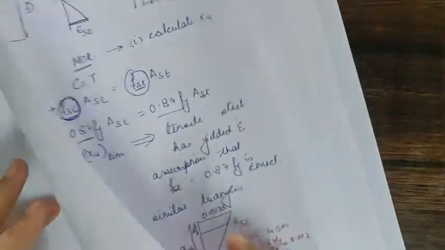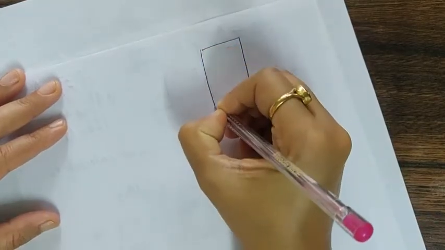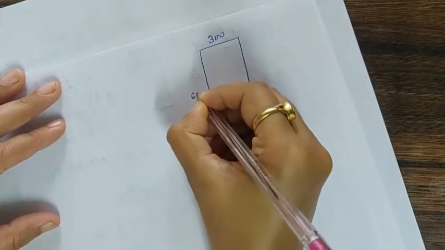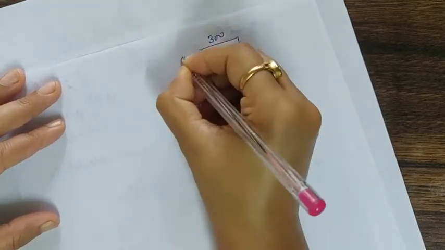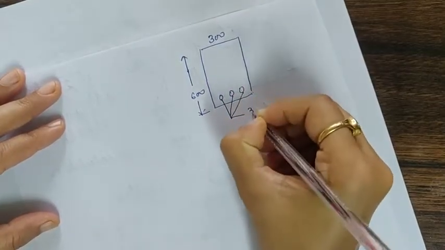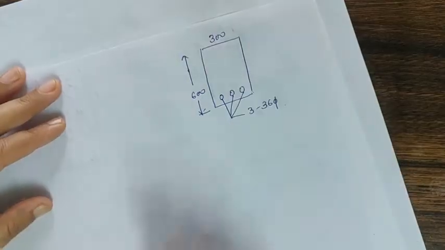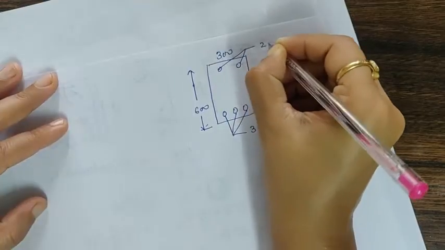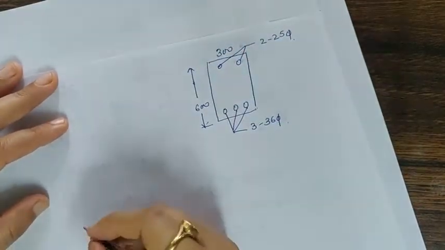Let's start with one numerical. First numerical is, I am having a doubly reinforced beam. Cross section of the beam is 300 by 600 overall depth. It is reinforced with 3 bars, 36 dia on tension side, and with 2 bars, 25 dia on compression side.